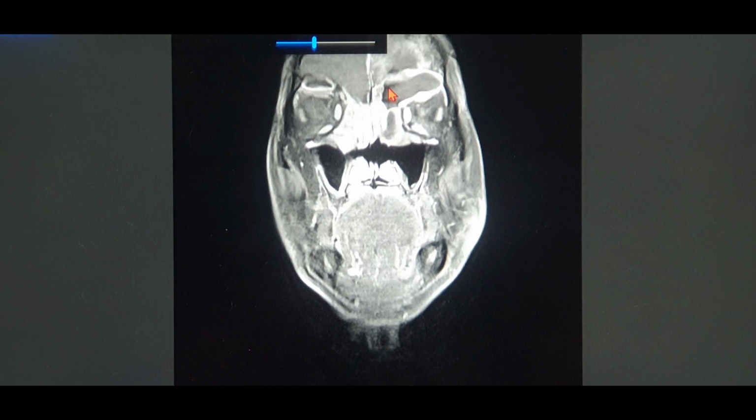Why? Because the central part is full of fluid, and the fluid will always appear T1 dark, and the peripheral enhancement is because of the capsule, which has got mucus and protein. So that is peripheral enhancement on T1. That is the basic concept which lies behind the MRI post contrast T1 image.